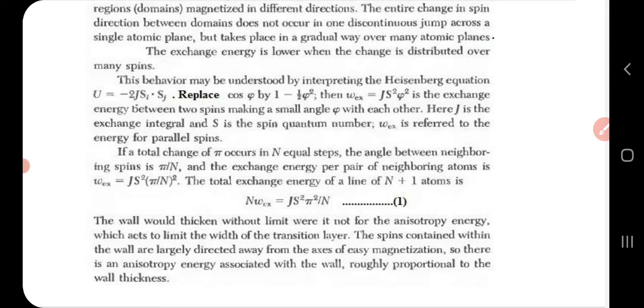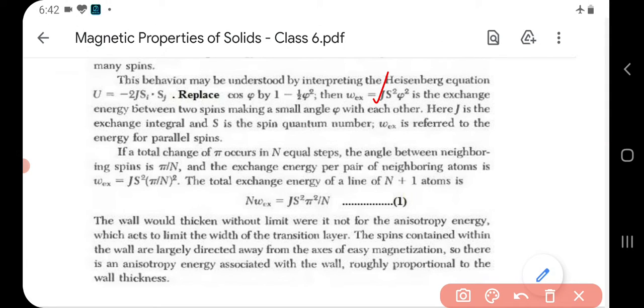Now suppose that you replace cos psi by 1 minus half psi square, then W_ex is given by J S square psi square. This is the exchange energy between two spins making a small angle psi with each other.